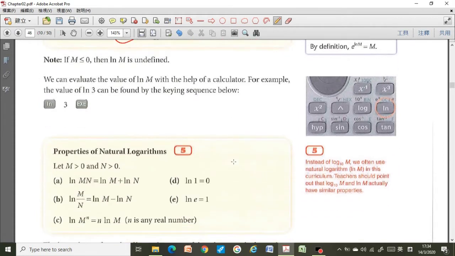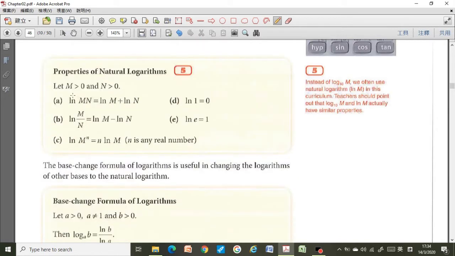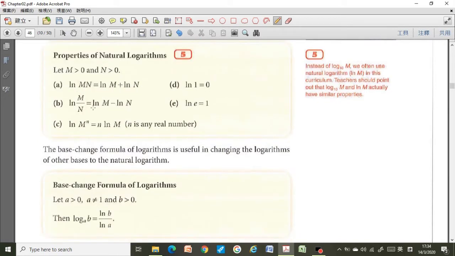Because it comes from the logarithm, the properties of logarithm apply here. If you remember, there are six of them. The sum of two logs can be combined into the logarithm of the product of the two numbers, which is log mn equals log m plus log n.